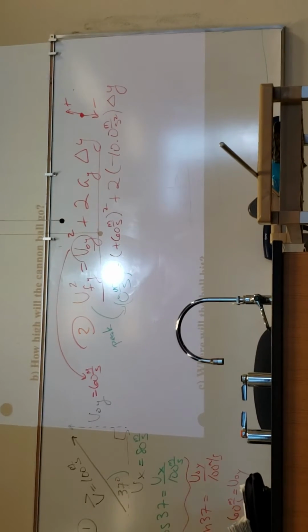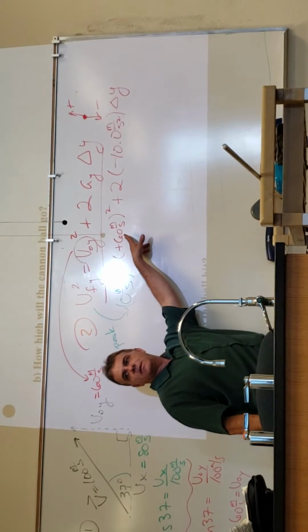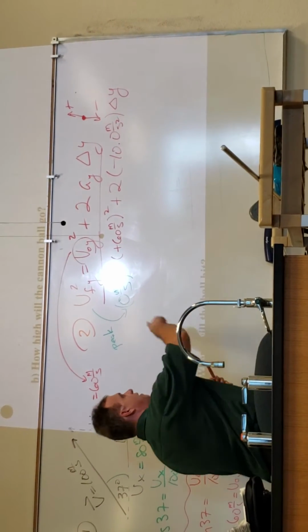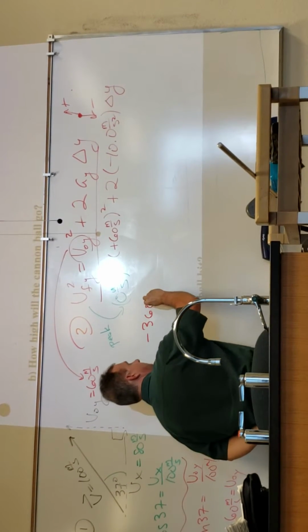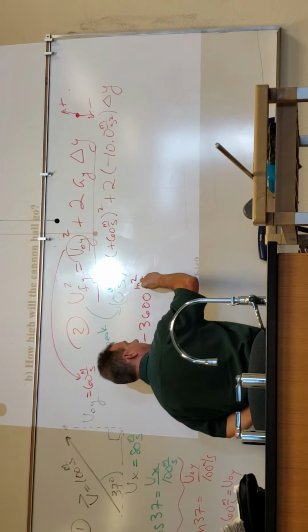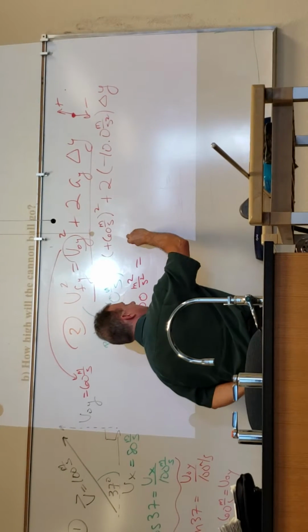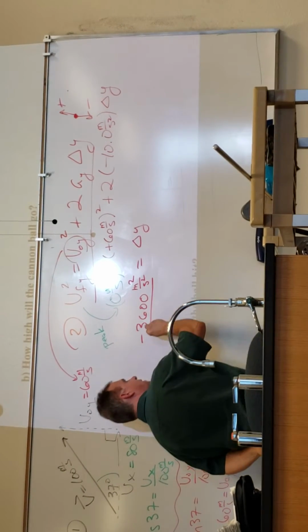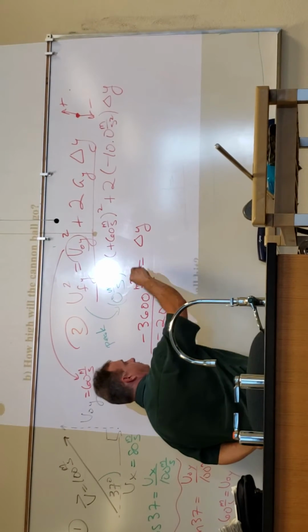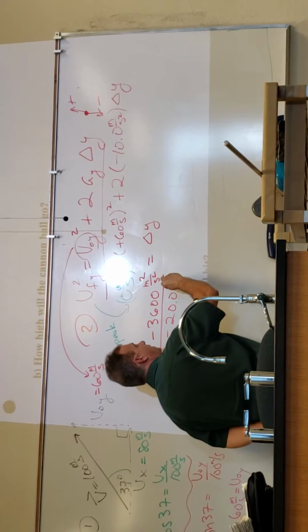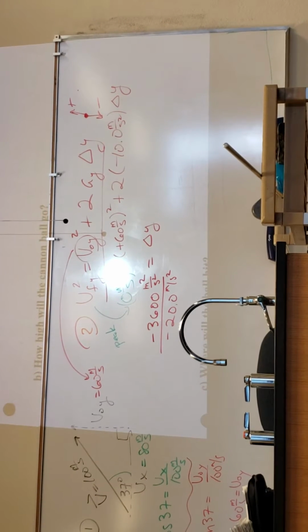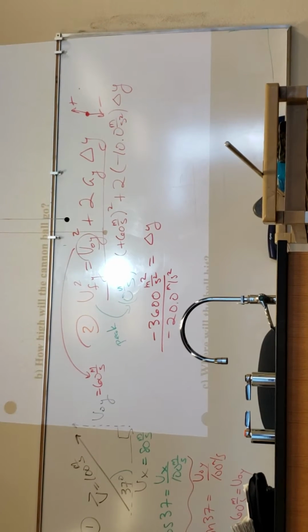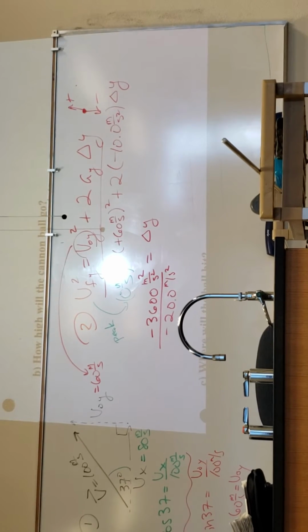So 60 squared, I think that's just 6 times 6, 36, with a couple zeros added on, and I bring it to the other side, it becomes negative. And then I'm going to divide both sides by negative 20 meters per second squared. So it looks like 2 into 36 is what, 18? This is maybe 180 meters or something.